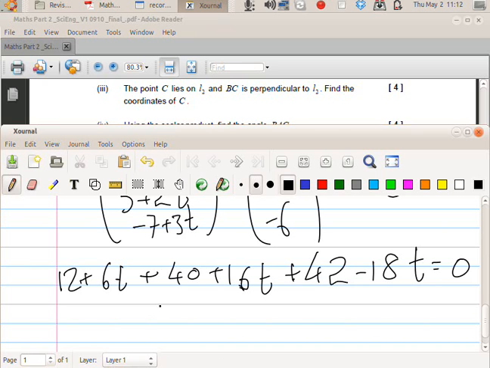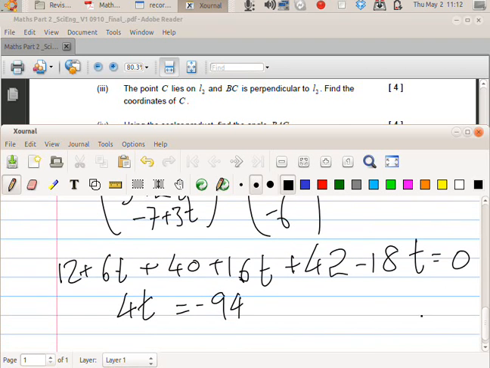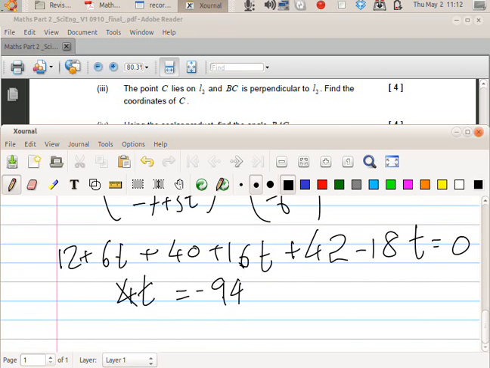Plus 42 minus 18. We'll find 0. So T is minus 94 over 4, minus 47 over 2.